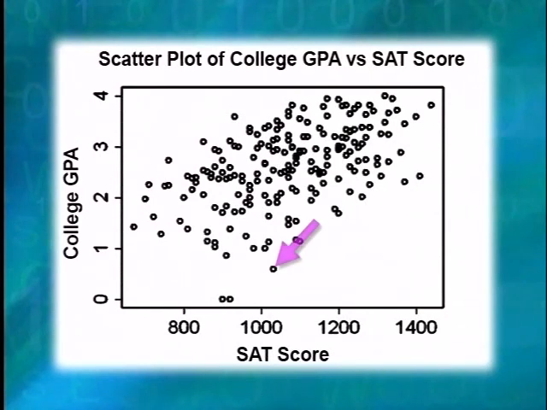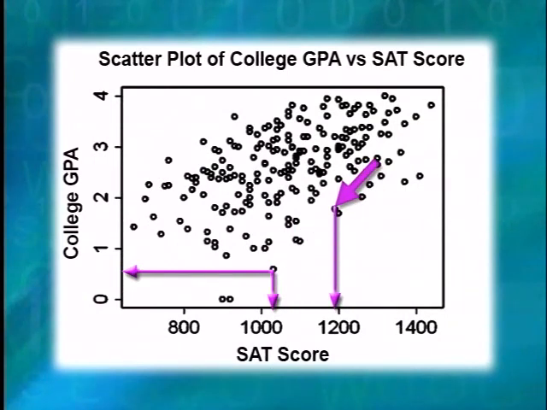For example, this dot here had an incoming SAT score of, let's see, this is 1,000, this looks like about 1,020, and didn't do too well, grade point average less than a 1, right? And this student here had an incoming SAT of about 1,200 and had a grade point average of maybe 1.9. So you follow me, every student is represented by a dot.